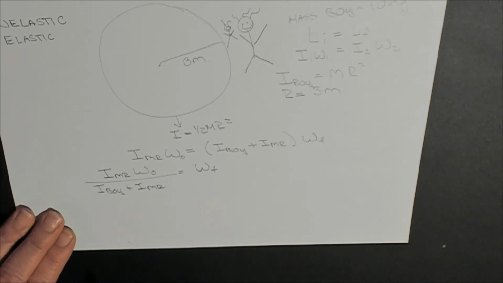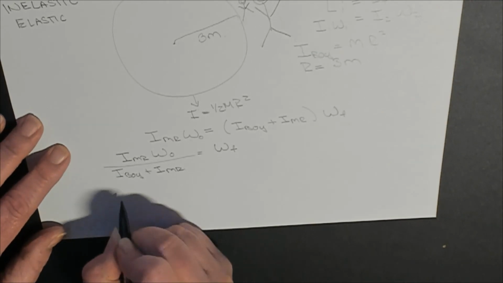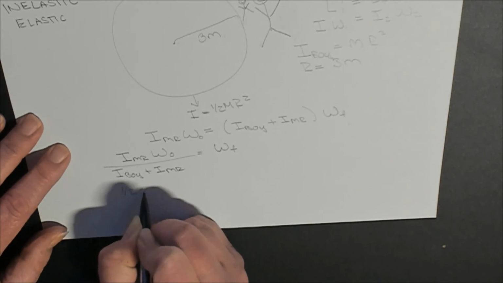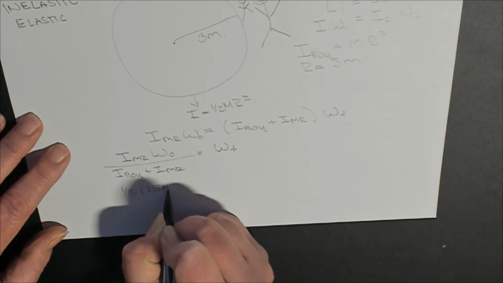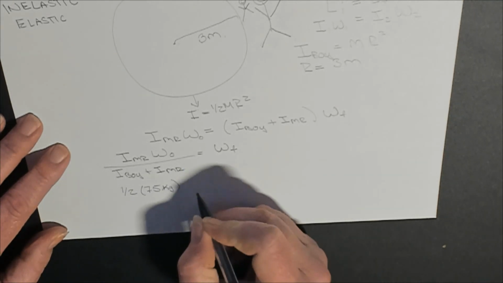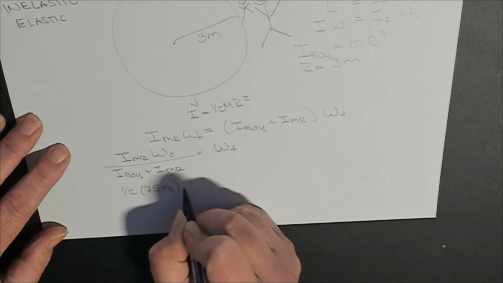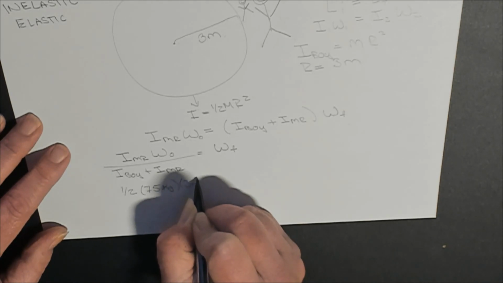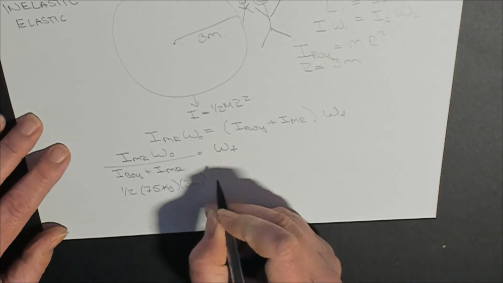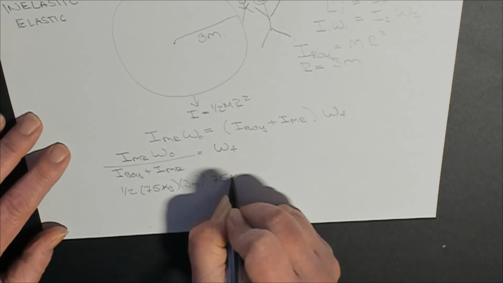All right, so now let's put in our inertias. So I have my 1/2, 75 kilograms, times my r squared, 3 meters squared, times the mass of the merry-go-round, which is 75 kilograms.